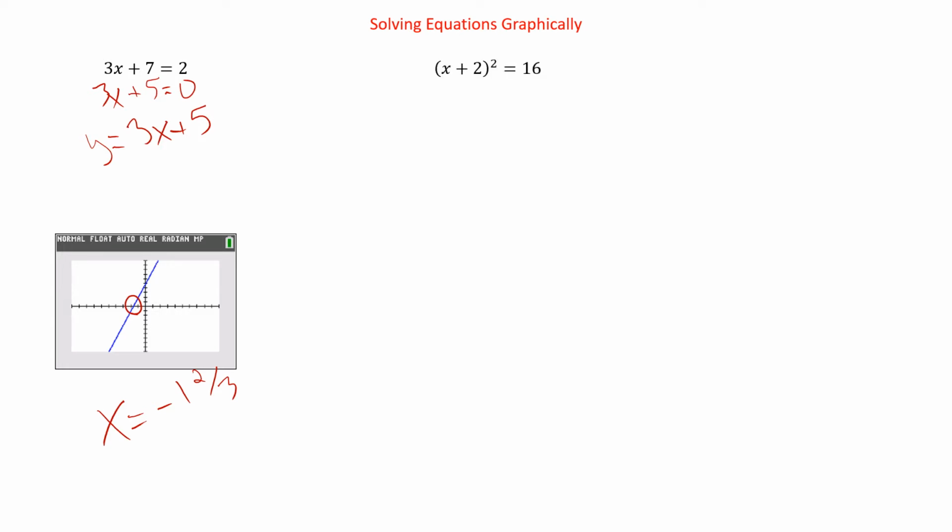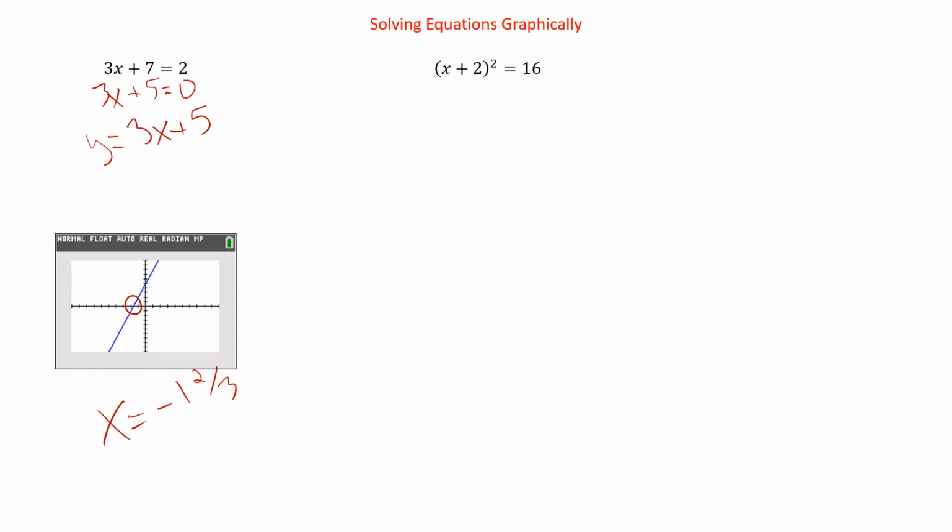A different one, a quadratic equation. Quadratics are ones where all of a sudden solving it graphically makes a little bit more sense. We would again do the same thing. The other option, we could set each of these equal to y, and then instead of looking for the intercept, we'd be looking for when the two lines cross each other.